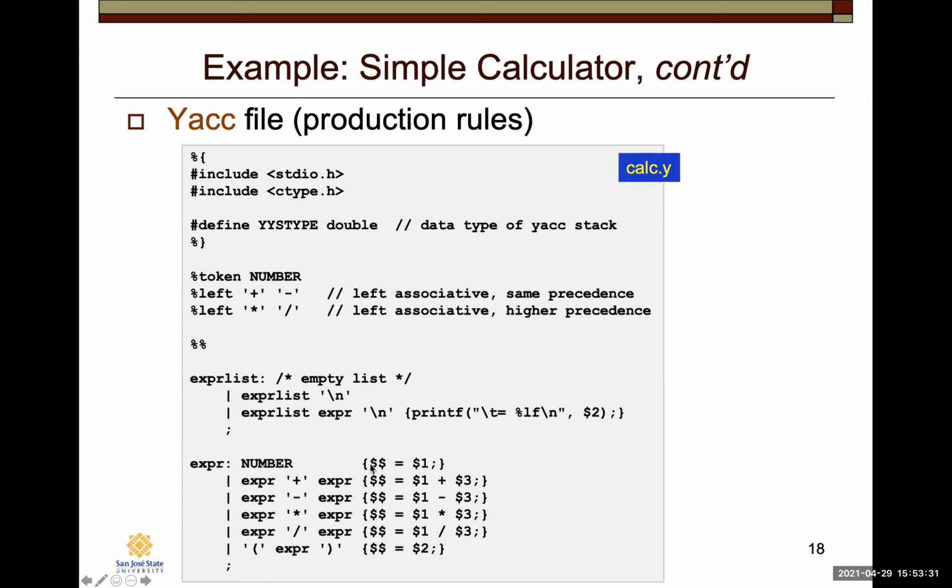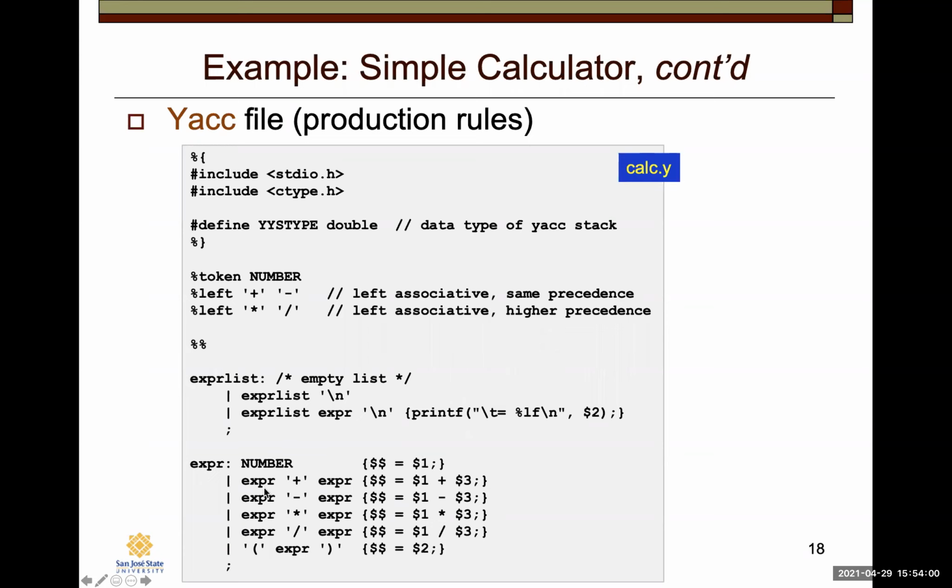Now, $$ says this is what we want to return as the value of recognizing it. If the parser recognizes a number by itself, we want to return the value of that number, and that's $1 because it's the first and only element of this rule. So $$ is the return value.